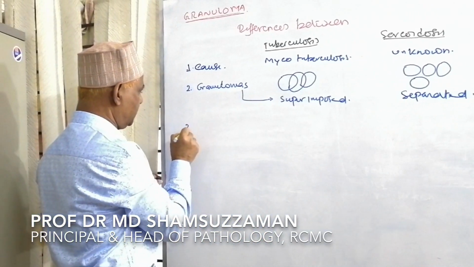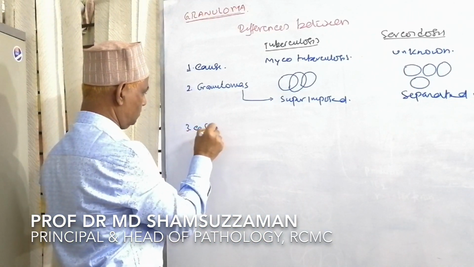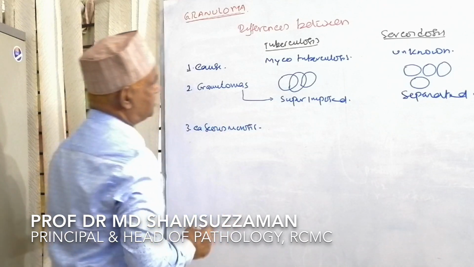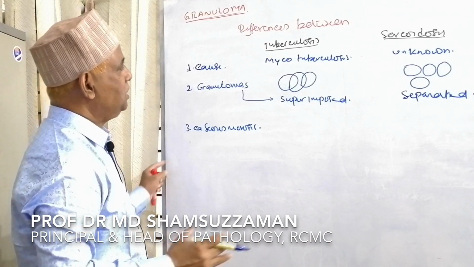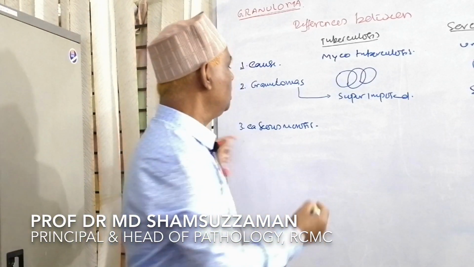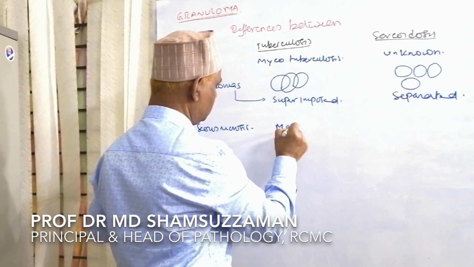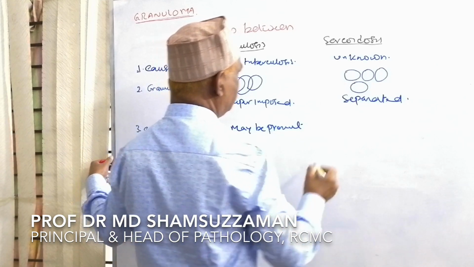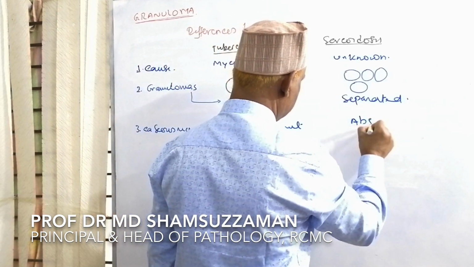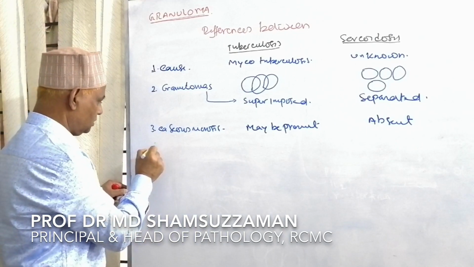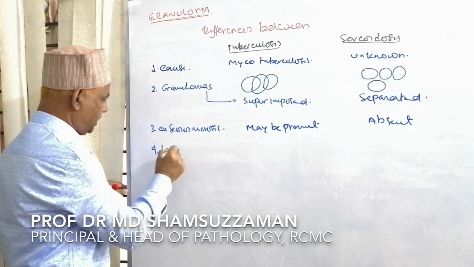Number 3, caseous necrosis. If caseous necrosis is present, it is a soft granuloma. If not present, it is a hard granuloma. It may be present in tuberculosis, but in case of sarcoidosis, it is absent. Langerhans giant cell.